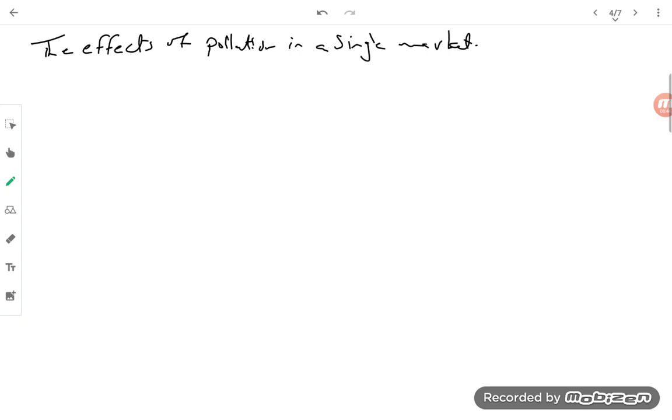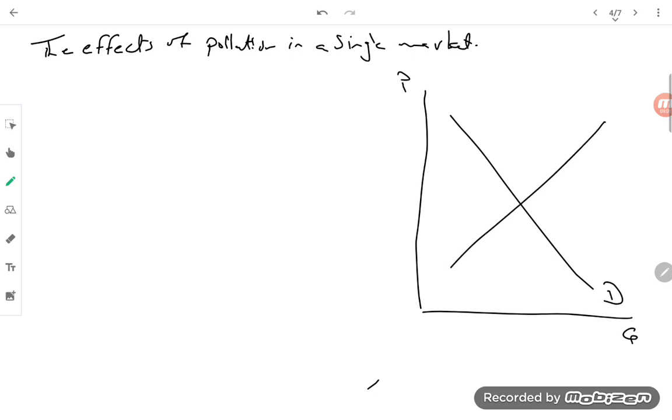Let's consider, for example, the market for transportation. So this is quantity and the price, demand curve and supply curve. Equilibrium point will be achieved at, say, 5 thousand tickets, and the equilibrium price is 400 per unit.